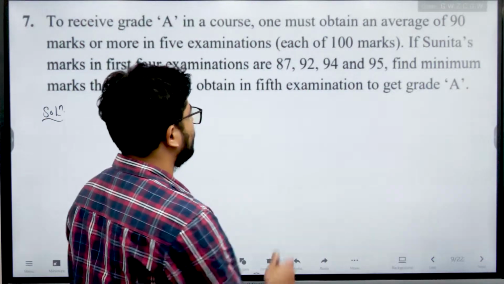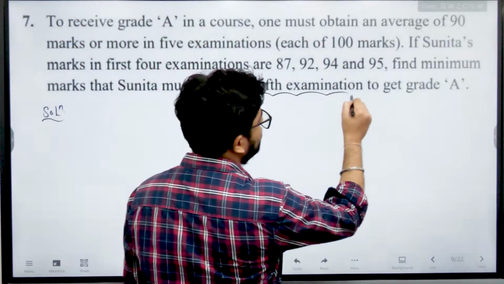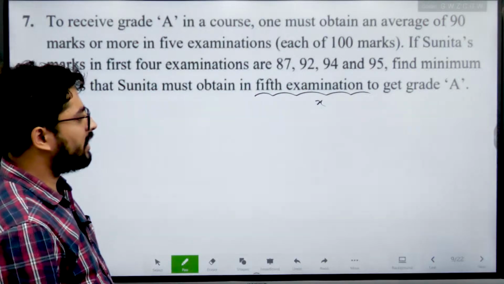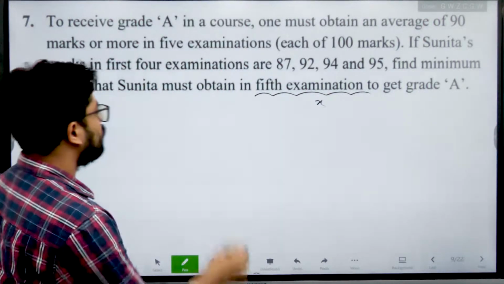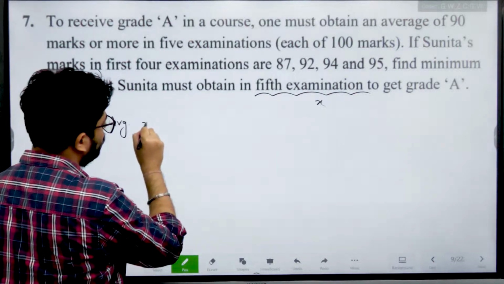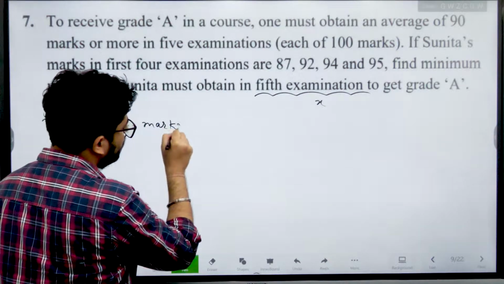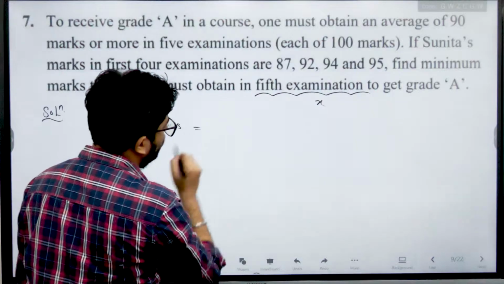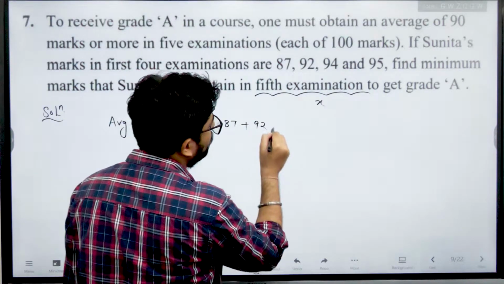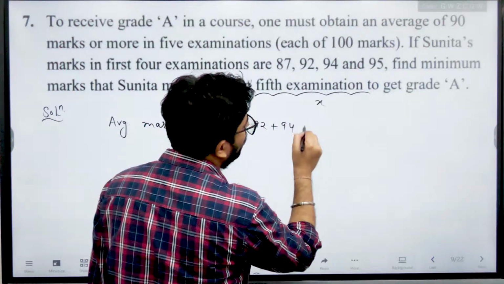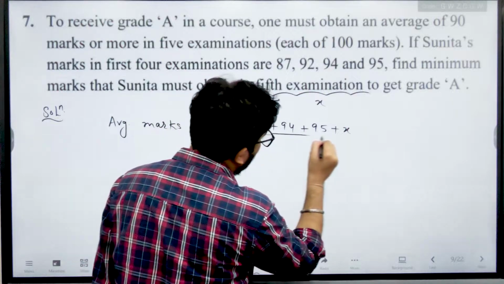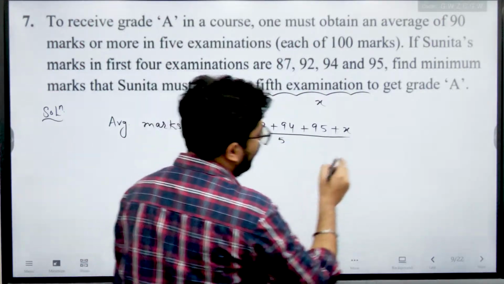Let's say in the 5th examination, she got X marks. So average marks is equal to the sum of all the marks, 87 plus 92 plus 94 plus 95 plus X, divided by the total number of examinations, these are 5.